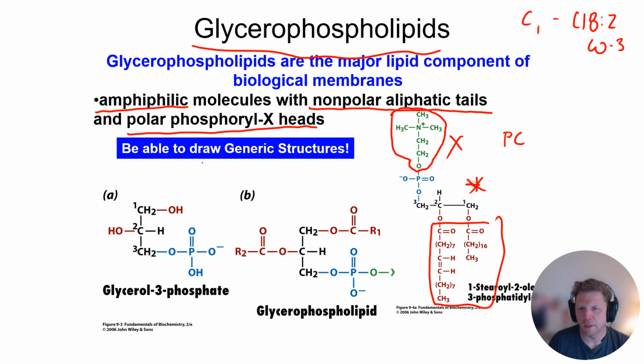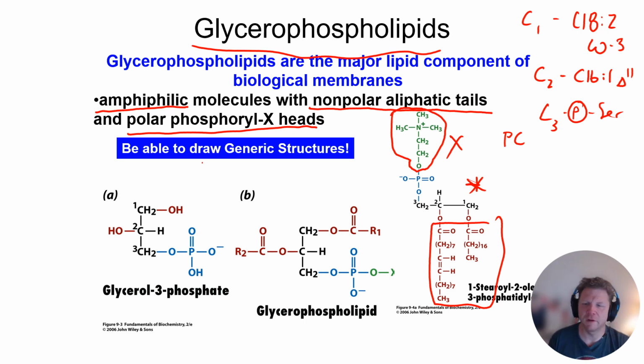And then at C2, draw C16:1 delta 11. So this is kind of tying all the things back together. And then at C3, you want to draw the phosphate. Then what you also want to draw is whatever that head group is. Serine, I provide that as an example.